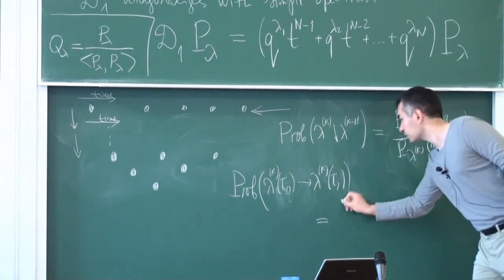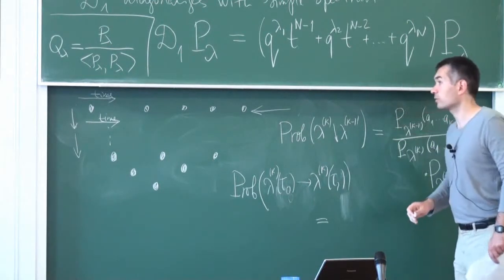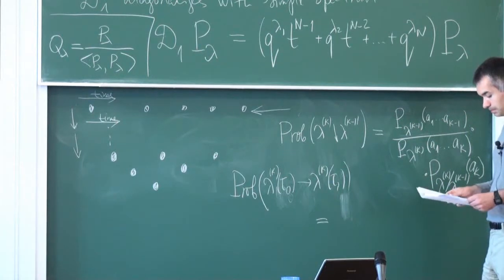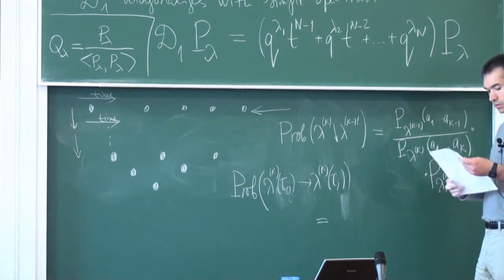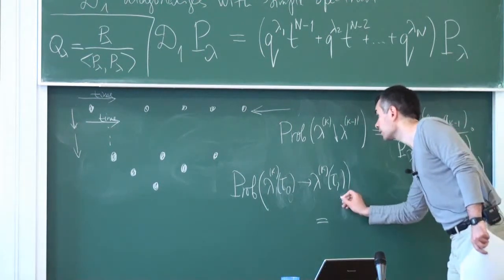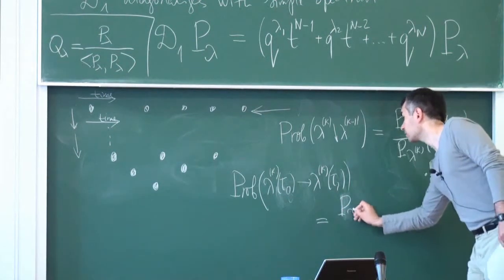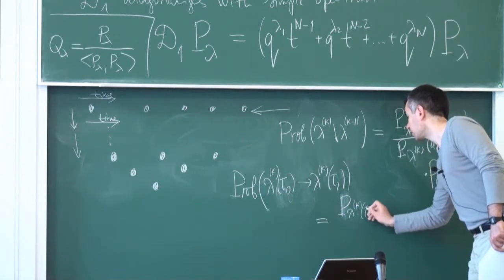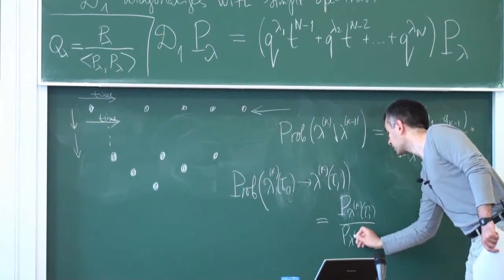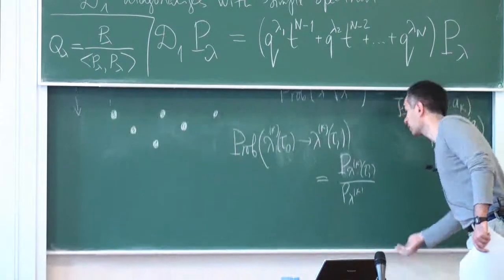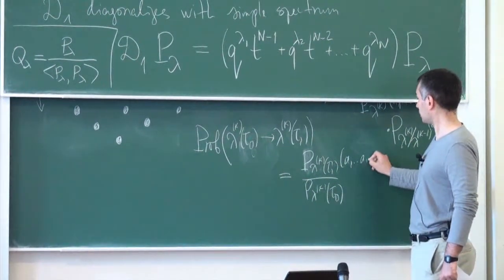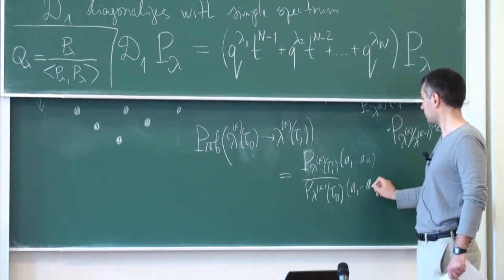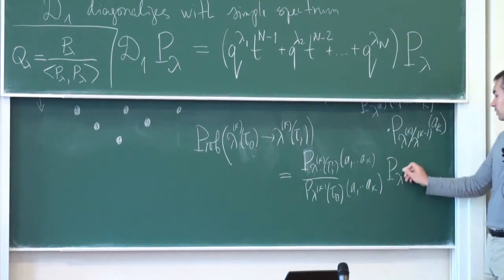There will be a conjugation by p's also, right? So p lambda k at tau 1 over p lambda k at tau 0 at A1 through AK, and again there will be a skew function here.